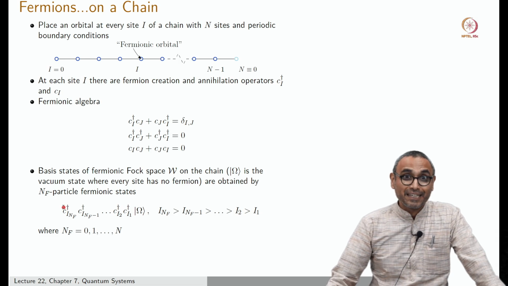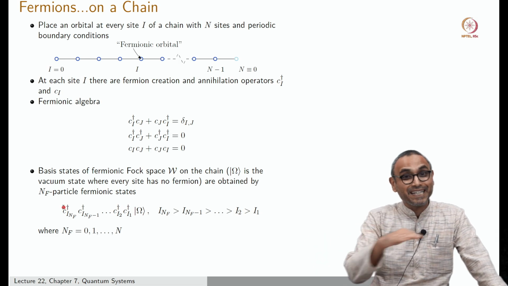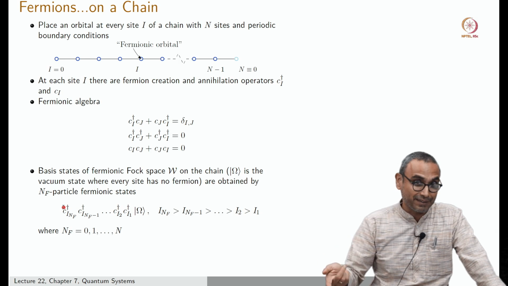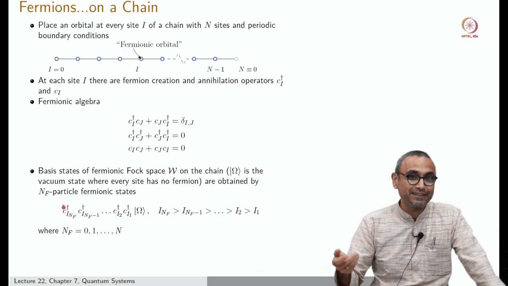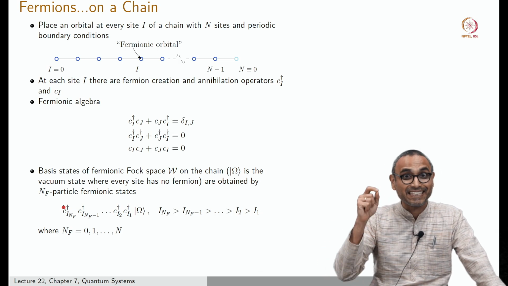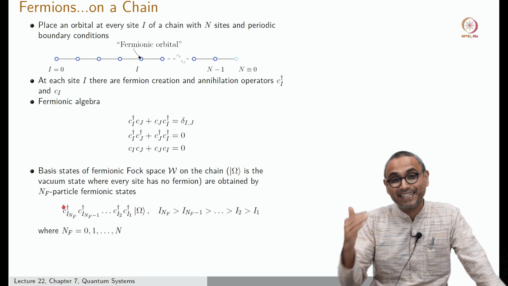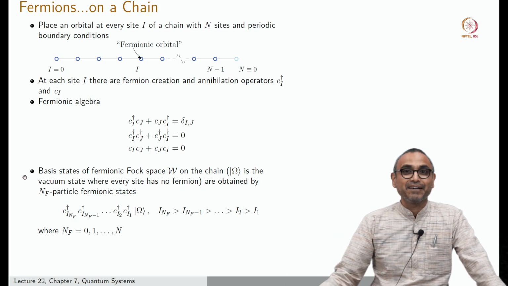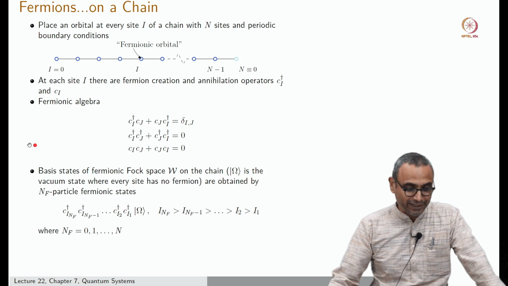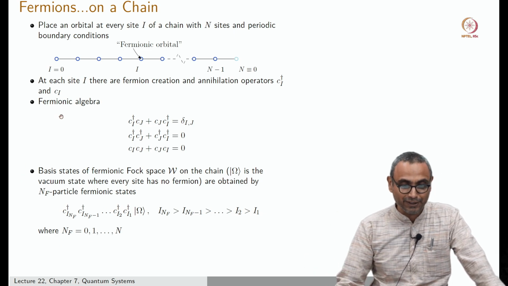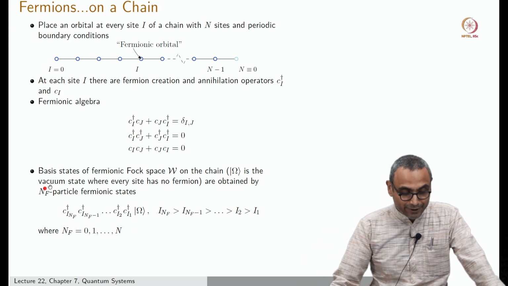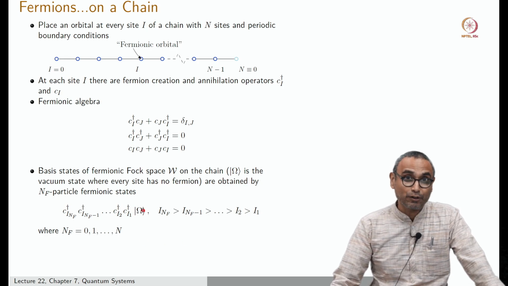Now you can create many such different states with N_F particles. How many states can you create? If you just think about it for a moment, it is N choose N_F. That many distinct states can be created, and we have chosen a convention to create these particles because of the fermionic antisymmetry, which will give you different signs if you create them in a different order. So they form the basis of the sector of the Fock space where there are N_F fermions.